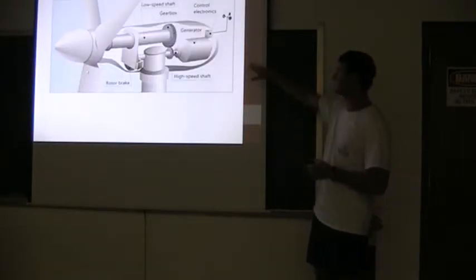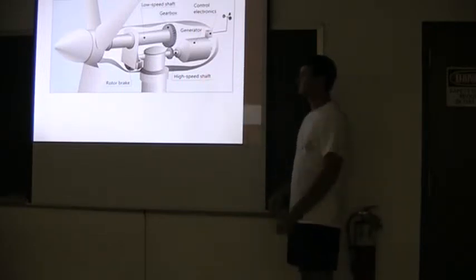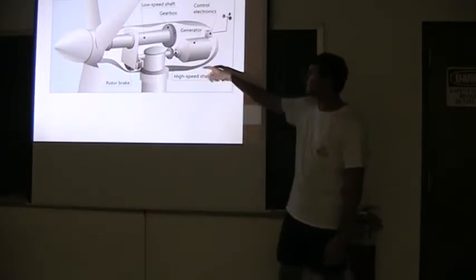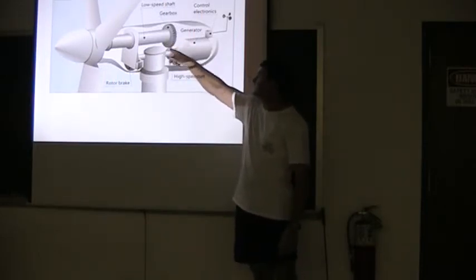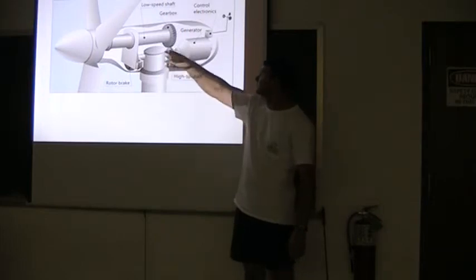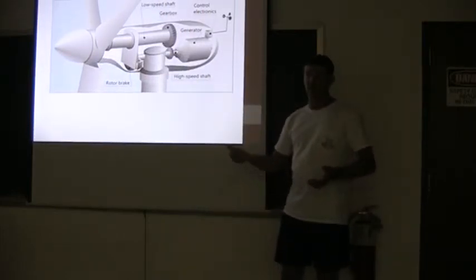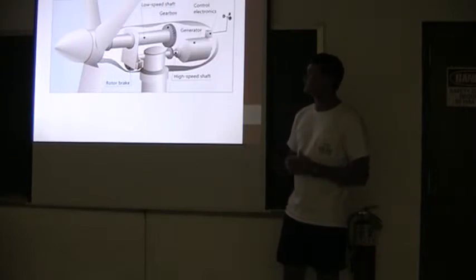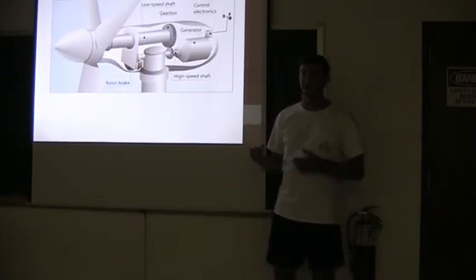So here is a basic layout of what a wind turbine looks like. Your wind comes in through the blades, and then it spins this low-speed shaft, which is attached to a gearbox. The low-speed shaft will spin about 18 RPMs or something like that, not too fast. But to power the generator, you need a much higher RPM.